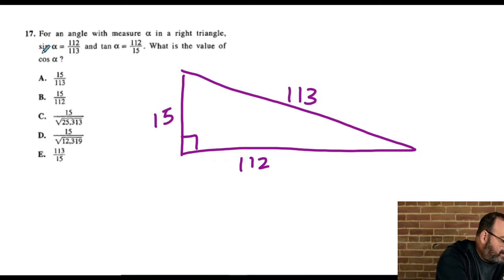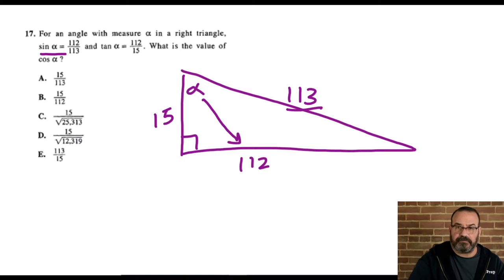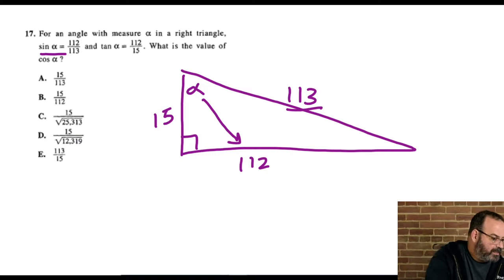And it says if the sine of angle alpha is 112 over 113, that means alpha is right here, because this would make 112 its opposite side and 113 the hypotenuse. And the tangent of this is equal to the opposite over the adjacent. That's where I got the 15.